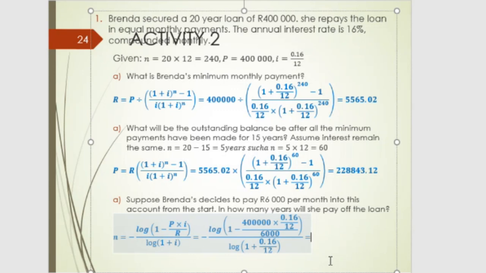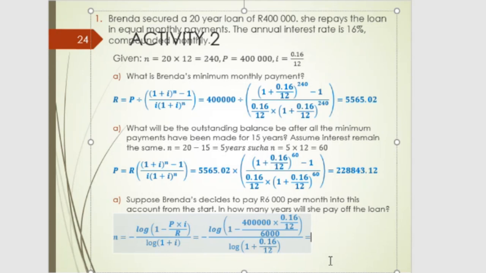Okay, let me use mine now. It's negative, there's that fraction. Then there's a log, there's a 1 minus. There's a fraction again for 400,000, which is multiplied by another fraction of 0.16 divided by 12. And I go down. It's what? 6,000. 6123.